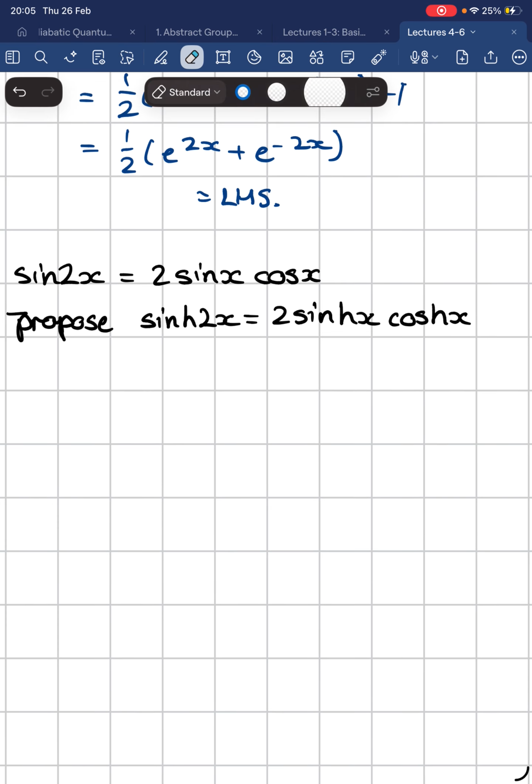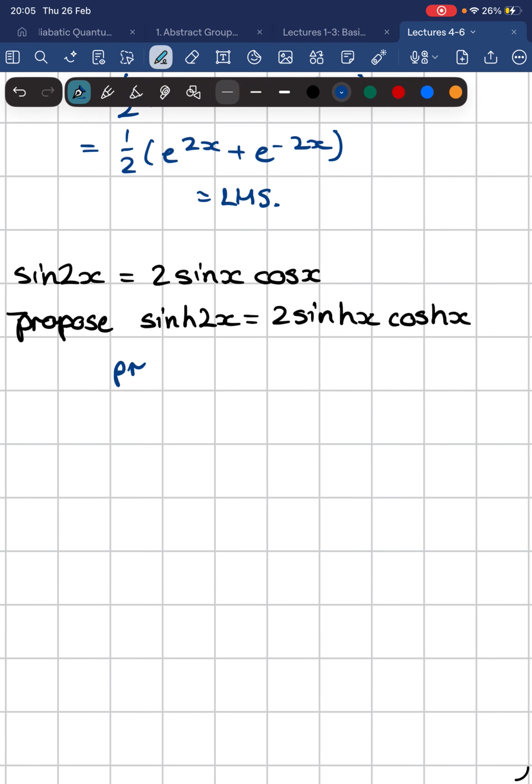Well, again, we do the same thing. I'm not going to bother writing the left-hand side down because I'm sure you'll know what it is.